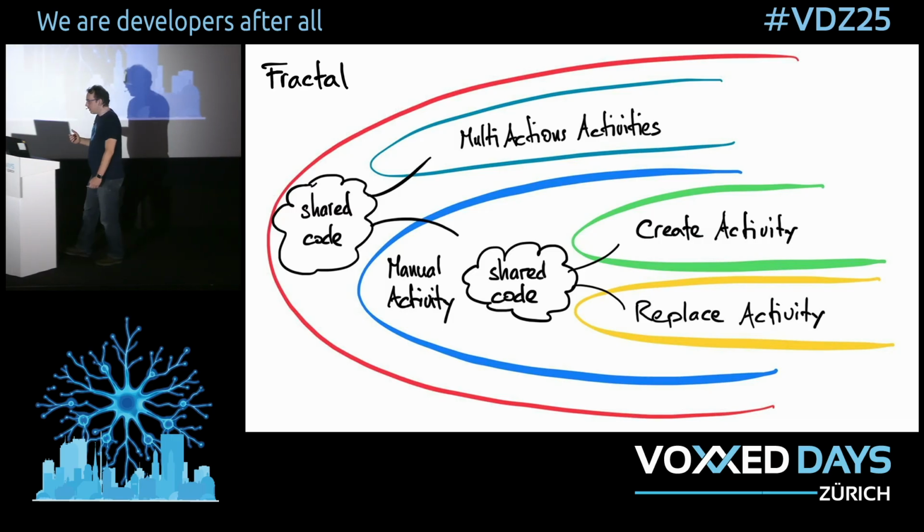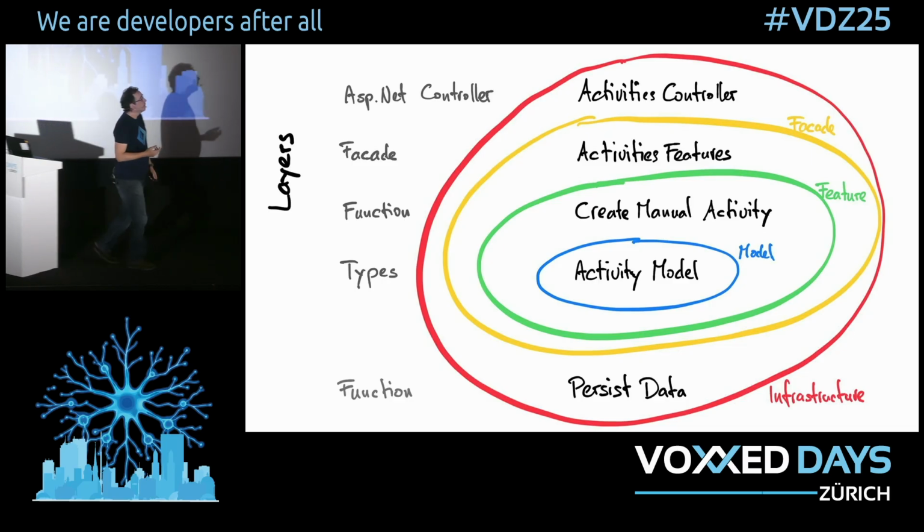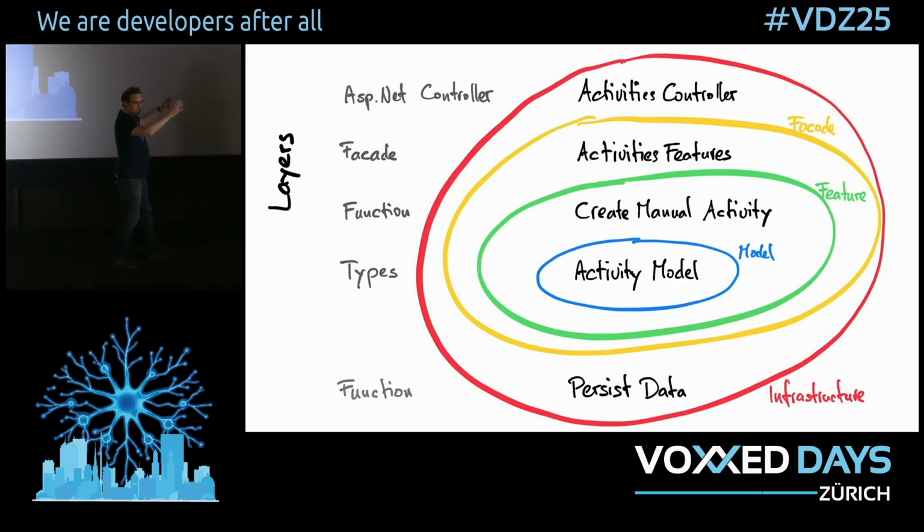We can also take a look at how our application looks through layers. So yeah, concentric layers, so it must be onion or clean architecture. So when we, again, want to create an activity, we first hit the backend with the activities controller.